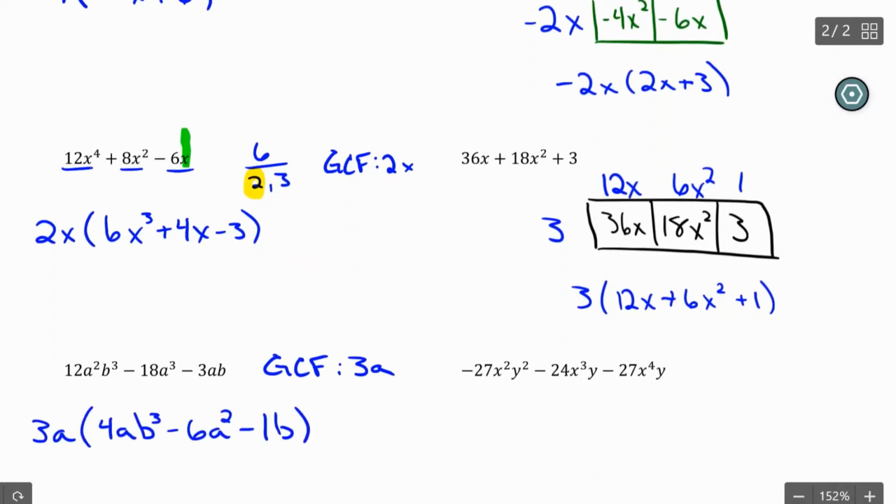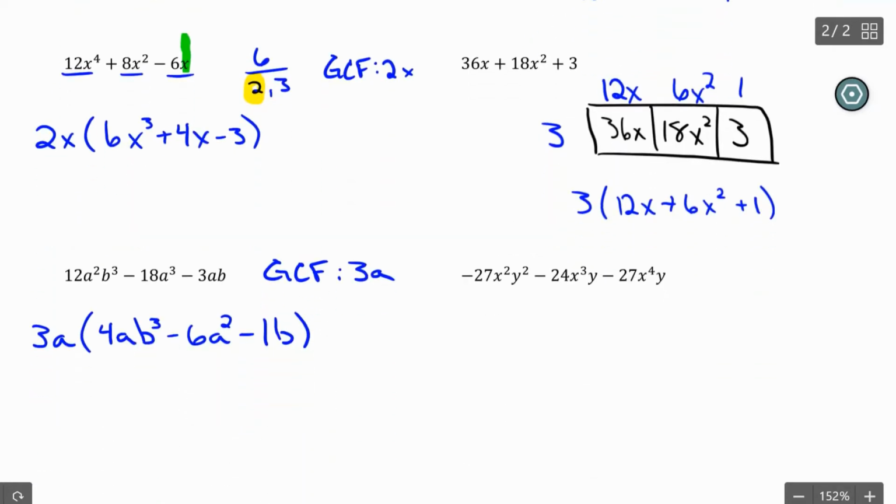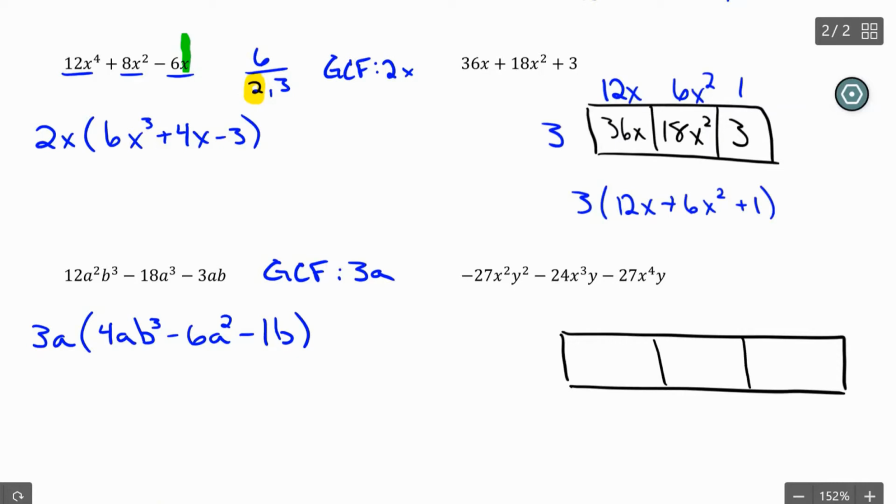All right, now last one. This one's got a lot going on, so I'll need a pretty big box. All right. So I've got negative 27x squared y squared, negative 24x cubed y, and negative 27x to the 4th y.